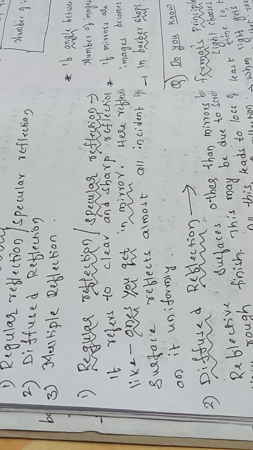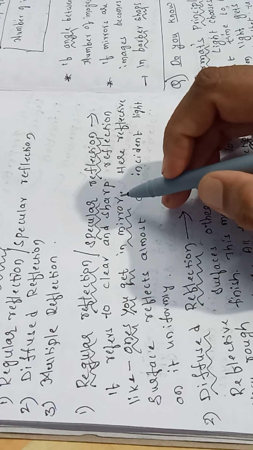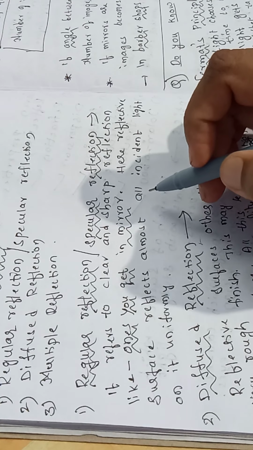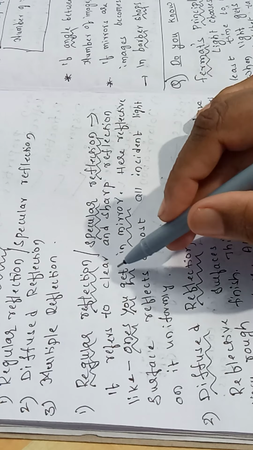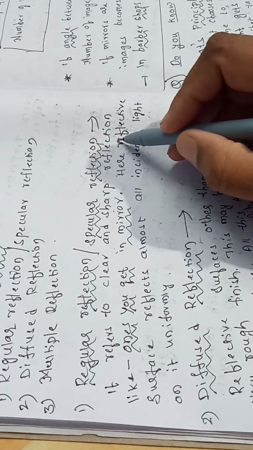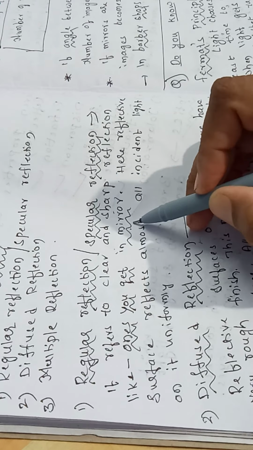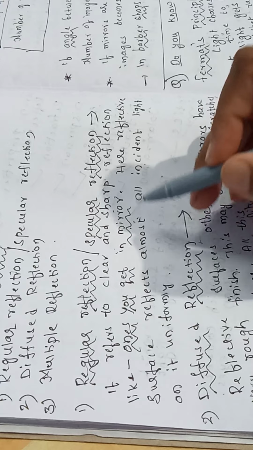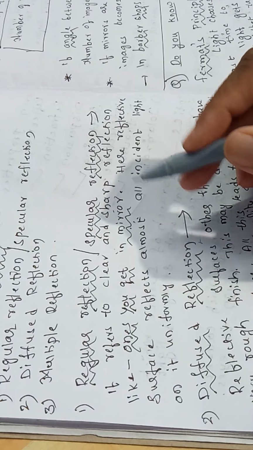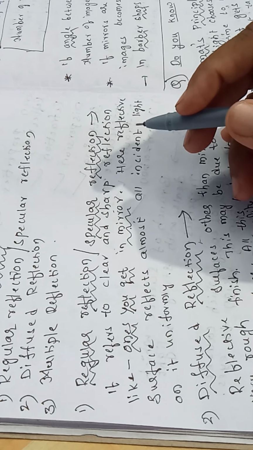Here when the light is incident on clear and sharp mirrors, it refers to clear and sharp reflection. This happens in mirrors itself only. Mirror, it reflects almost all the light incident on it uniformly.